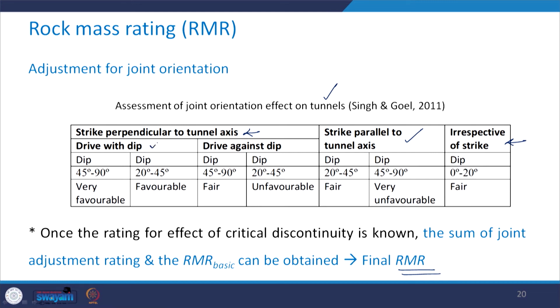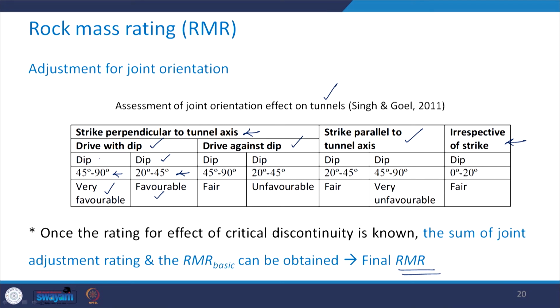So, the drive with dip or drive against dip. In case it is drive with dip, if the dip is in between 45 to 90 degrees, then it is very favorable. If the dip is in between 20 to 45 degrees, it is favorable. Likewise you have various conditions based upon the orientation of the joint with respect to the orientation of the tunnel axis.